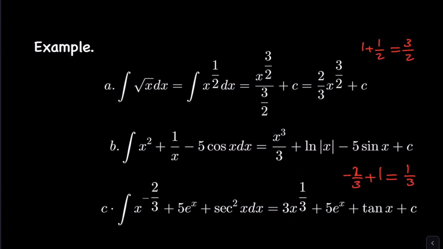So I'm done with this function. Now I want to integrate 5e to the x. 5 is just a constant. Antiderivative of e to the x is e to the x. So the antiderivative of 5e to the x becomes 5e to the x. I'm done with the second function. Now, the third function is secant squared.